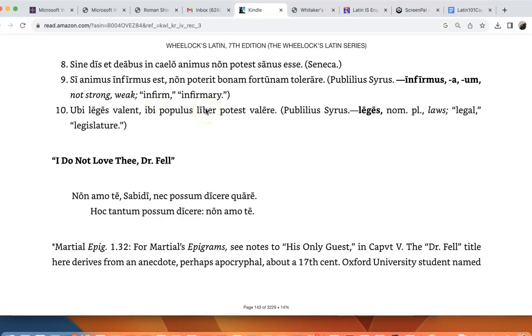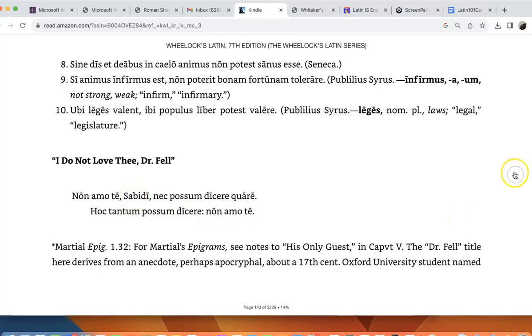Okay, so an interesting one here. I do not love thee, Dr. Fell. Here we have Martial. He, along with Juvenal, was known for his satires. Non amo te, Sabidi, nec possum dicere quare, hoc tantum possum dicere, non amo te. I do not love thee.